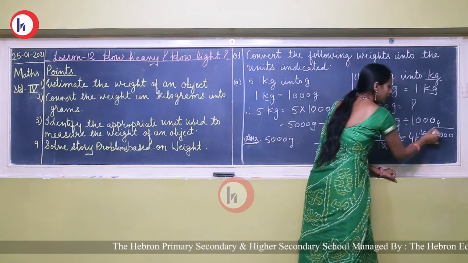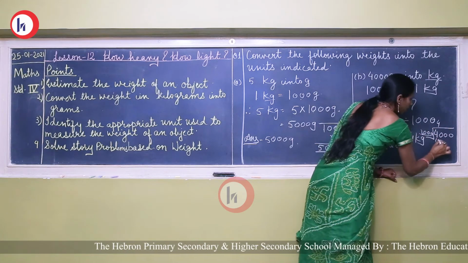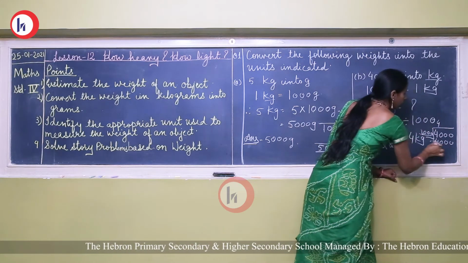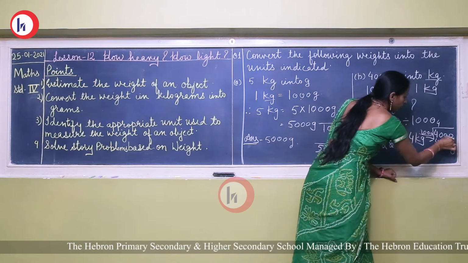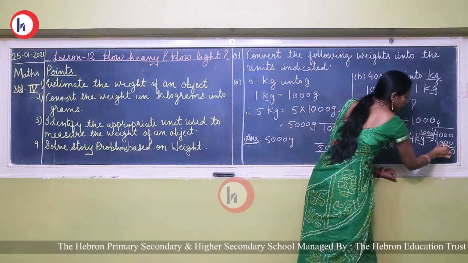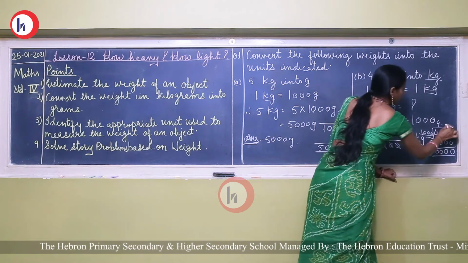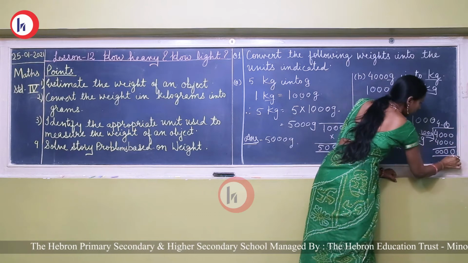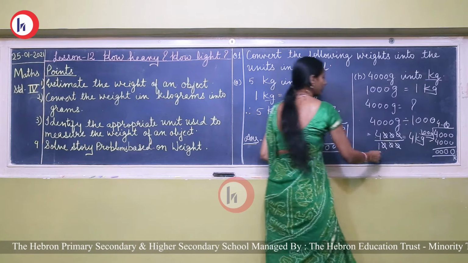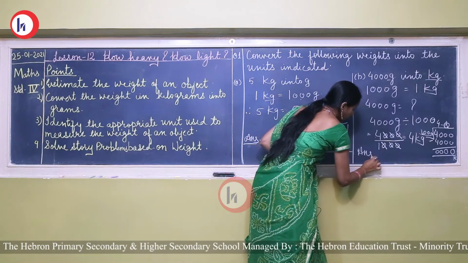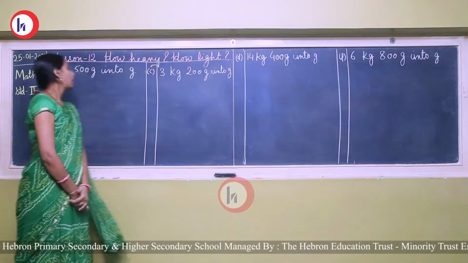So 1000 multiplied by 4. 1000 4 times if we will multiply, that 4000 will come. 4, 0 minus 0, 0. 0 minus 0, 0. Then 4 minus 4, 0. It is answer and it is remainder. So answer is 4. Okay. Answer is 4 kilogram.